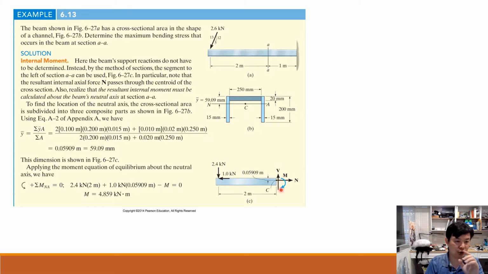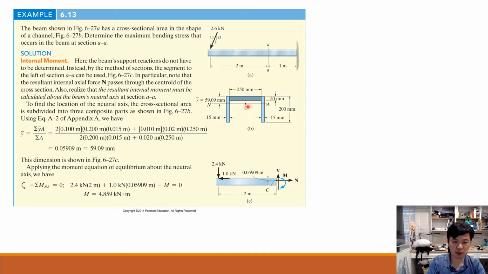Okay, let's see where the centroid is. We mentioned it for a long time in the previous slides. Where can we get this one? We divide this cross section into three parts, two vertical portions and one horizontal portion. Of course, we really don't know where the neutral axis or the centroid is.